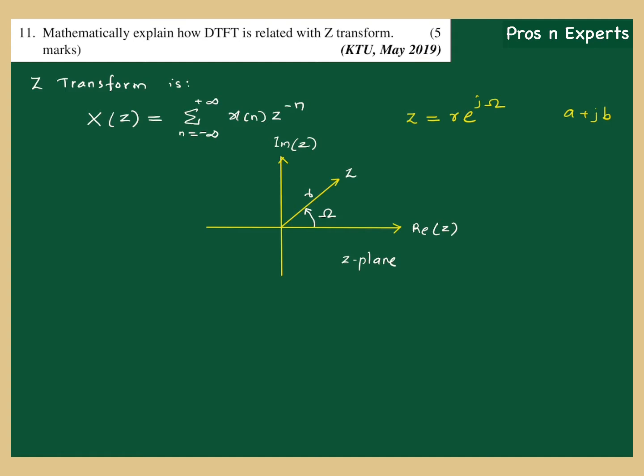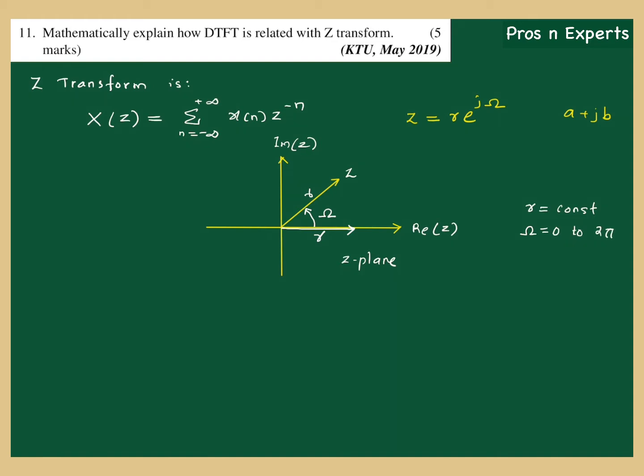Now what I'm asking you to do is imagine this vector lying on the x-axis like this, with magnitude r and phase angle now 0. Now imagine that you are keeping r constant and varying omega from 0 to 2 pi.